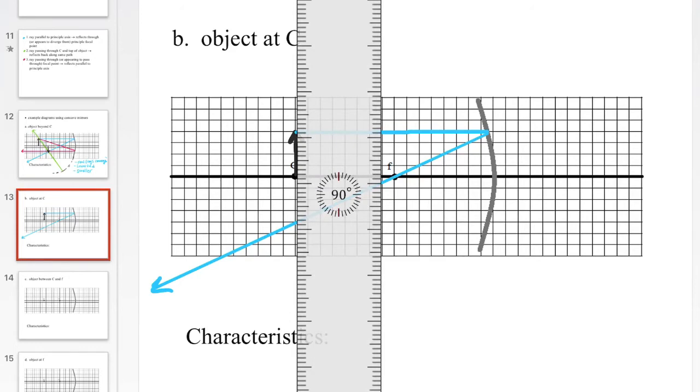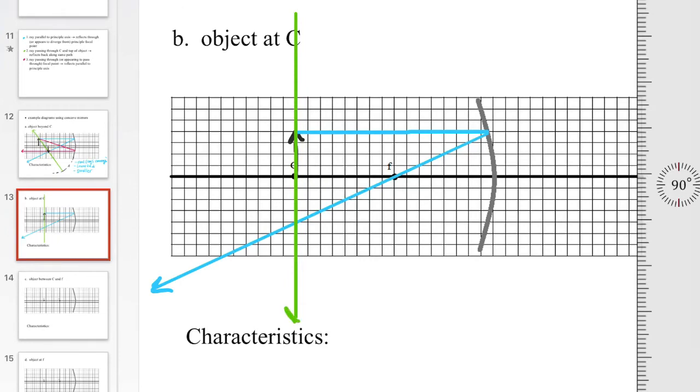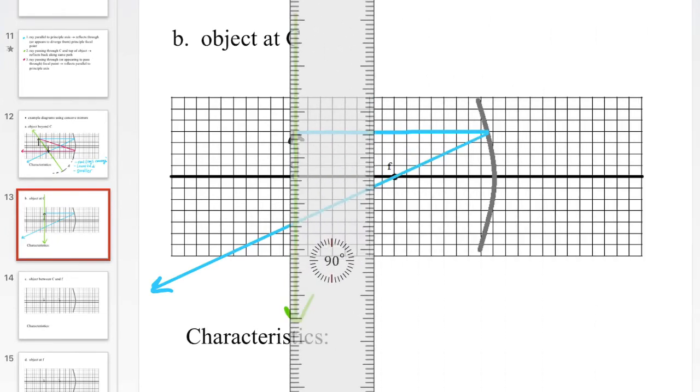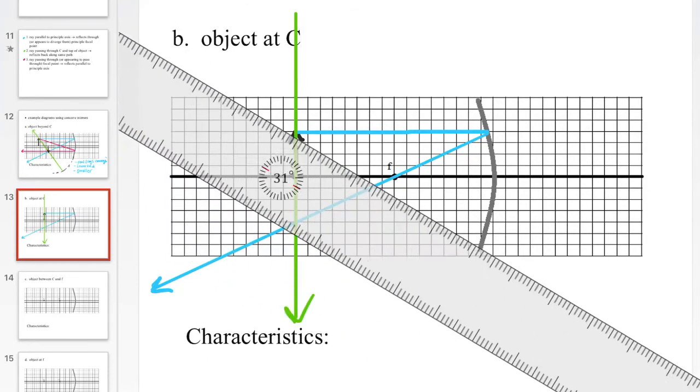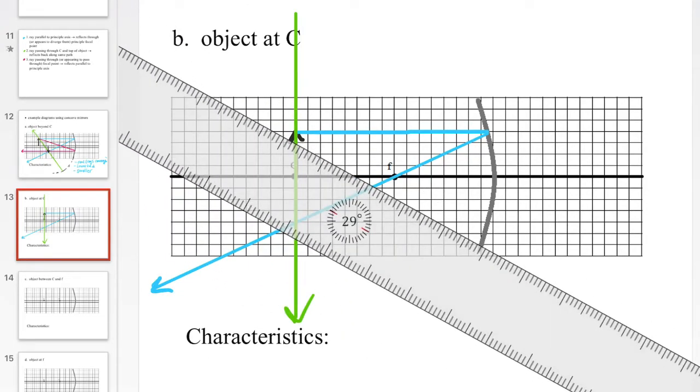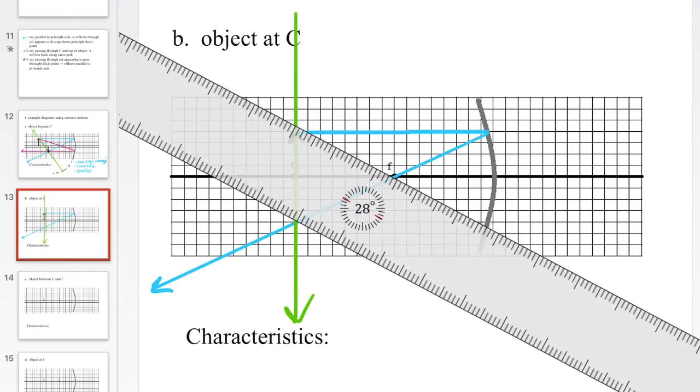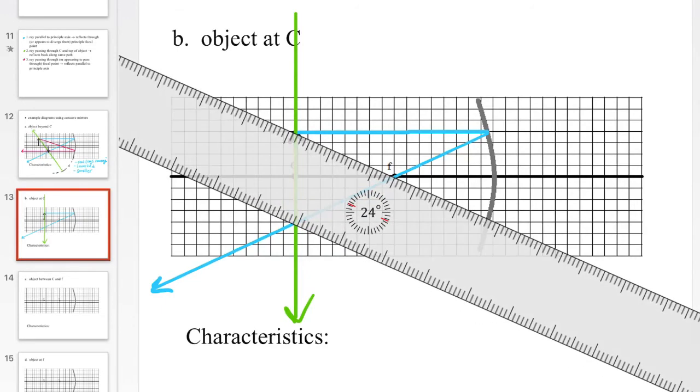So obviously this isn't going to happen, but if this mirror was extended all the way, it would go all the way up and then go all the way back down. Okay. And then finally, the one that goes through the focal point towards the mirror and then bounces back off, but in a way that's parallel to that principal axis.